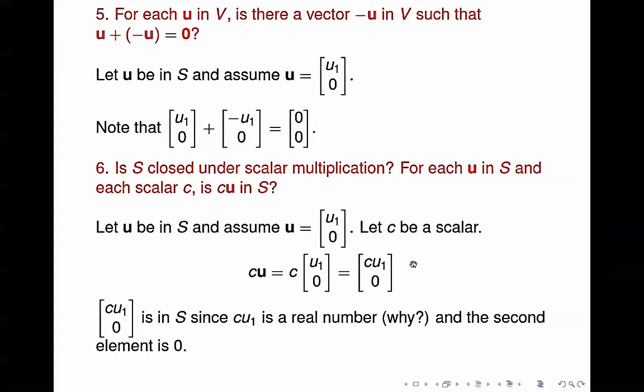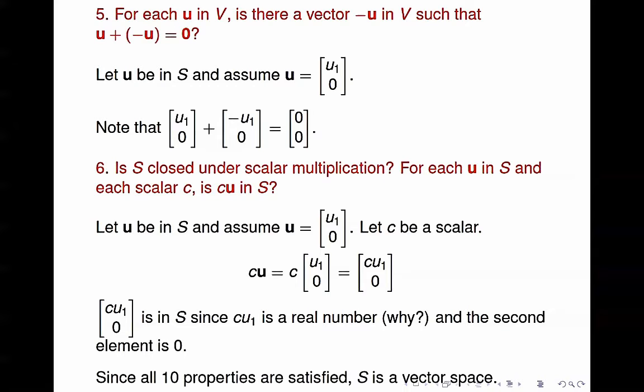Now that has to be a real number, which it is, because c is real, u1 is real. Got the product of two real numbers, and that's another real number. And the second component is 0. That's what it takes again to be in S. So S is indeed closed under scalar multiplication.